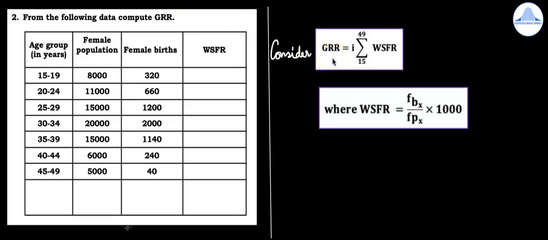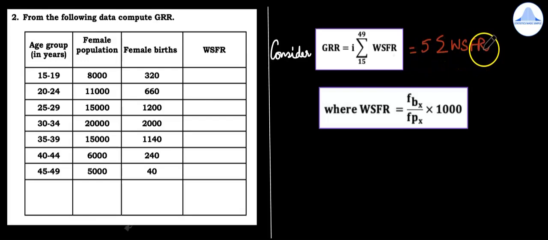Consider GRR is equal to I times summation 15 to 49 WSFR, or you can also write this as 5 times summation WSFR. Because I stands for the width of the age groups, that is 5. So either you can write GRR is equal to I into summation 15 to 49 WSFR, or I feel that it is easier for most of the students to write the formula as 5 times summation WSFR.